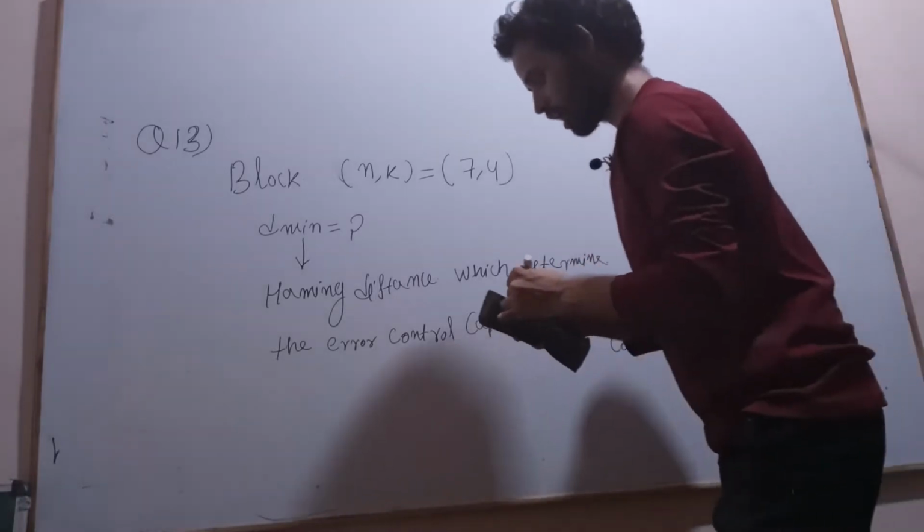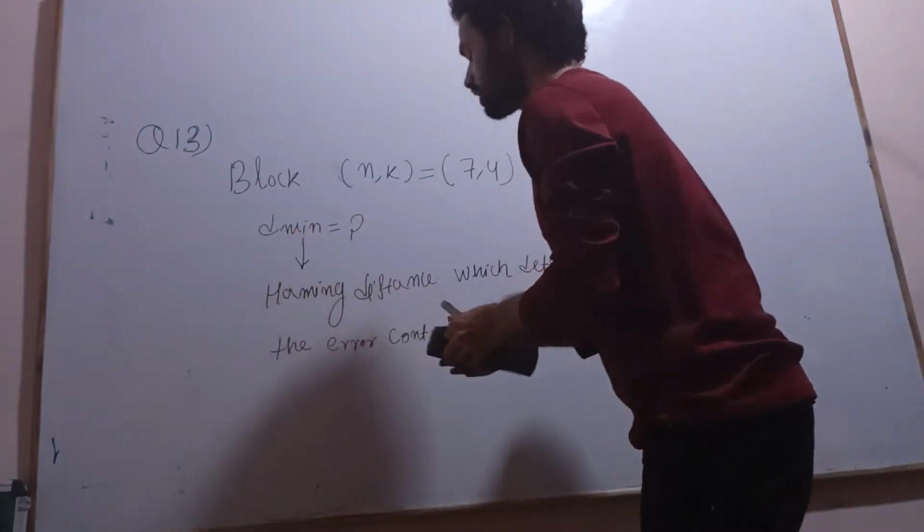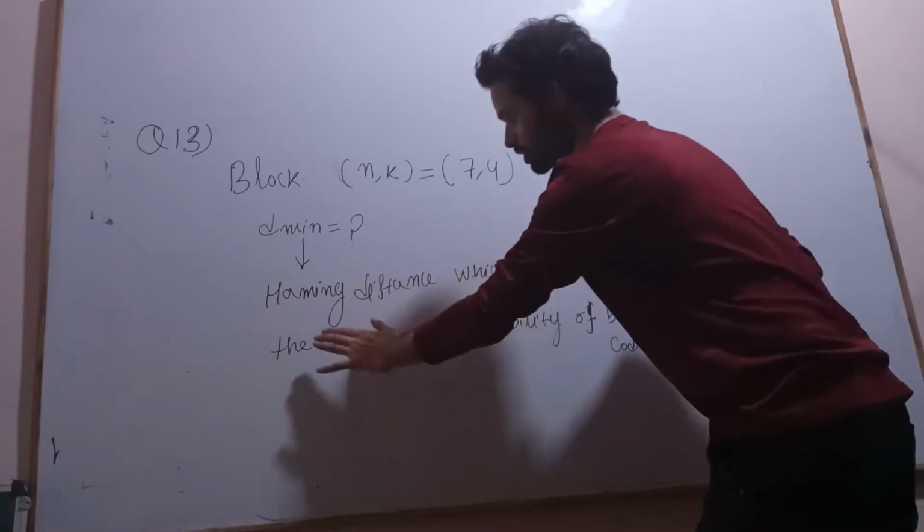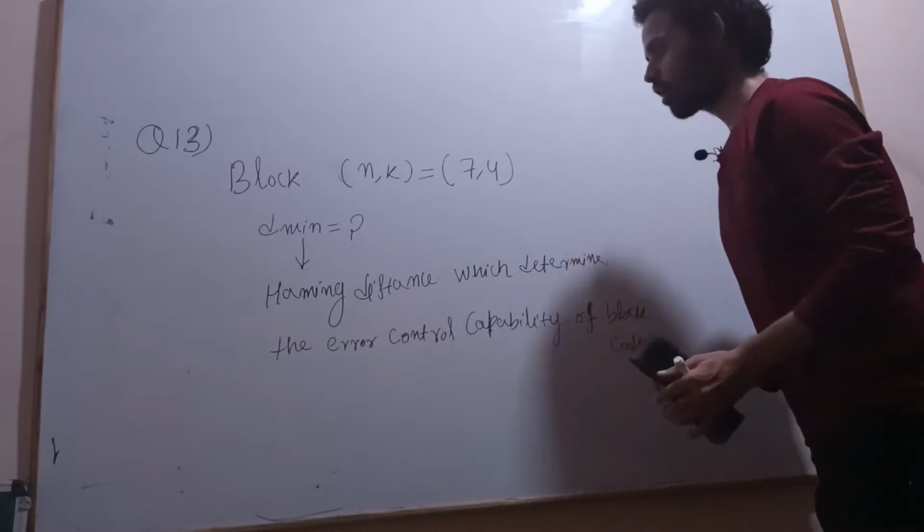So D minimum is nothing but the Hamming distance which determines the error control capability of block code.